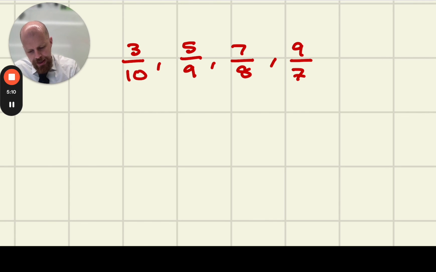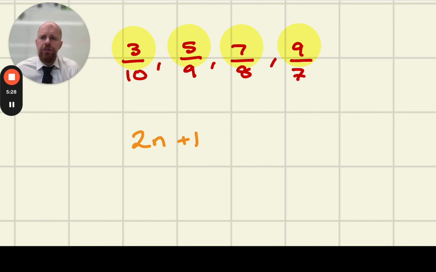Much easier way. Let's just look solely at the numerators to start with. 3, 5, 7, 9. You can see that I'm going up by 2s, and that means that it is a 2n pattern. If I go back 1, I get +1. That is the nth term for the numerator.